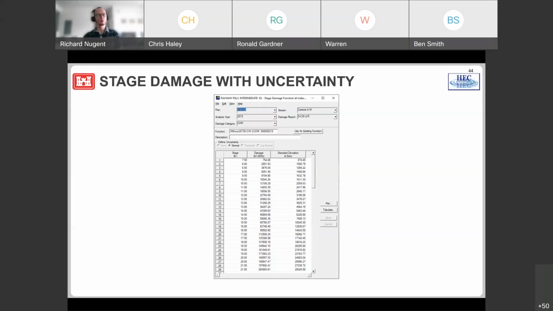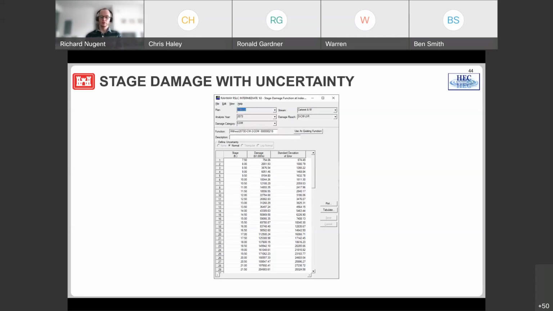The plan will reflect the without project condition or a with project condition. Stream and reach are locations within the study area that have specific river stations. And so we connect the river stations of the structures in each damage reach, which is synonymous with impact area, for a given analysis year.